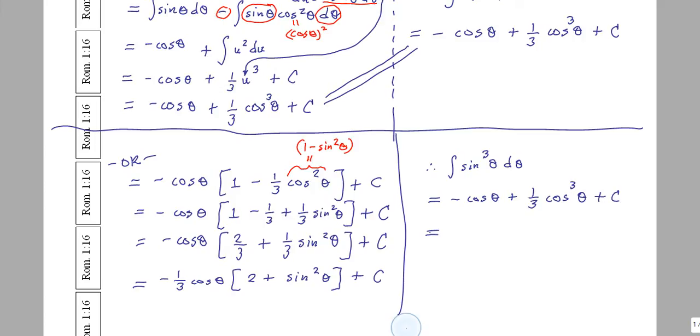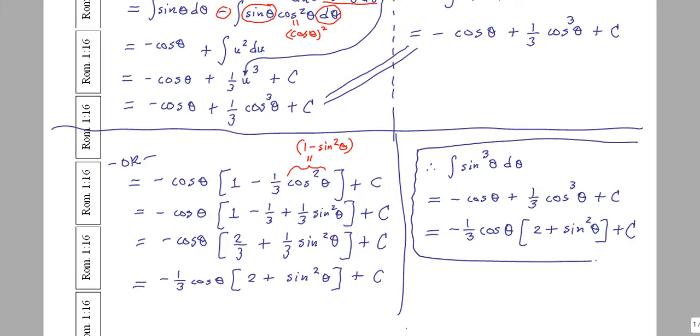Or equivalently, we can write this as minus a third of cos theta times 2 plus sine squared theta plus a constant of integration. And there you have the result for the integral of sine cubed theta d theta.